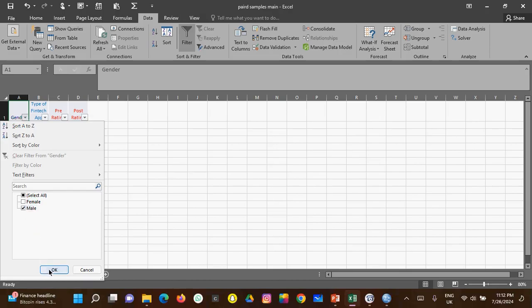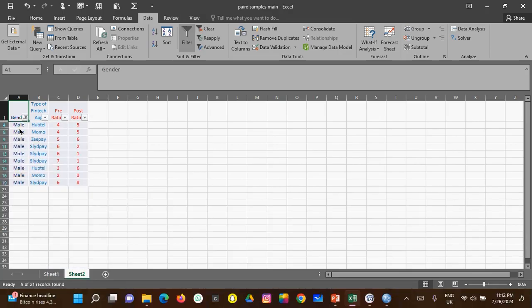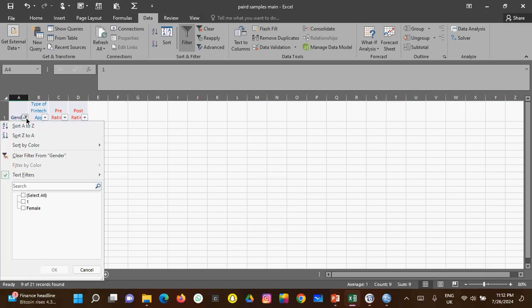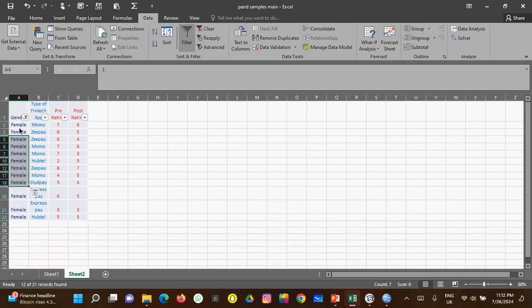Press OK. Then 1 for male, right? So that's what we did. When you see the black cross sign here, either you double click on it or you click and drag down. Everything changes. Now come here again, select female, and then type 2 in here, and click and drag.